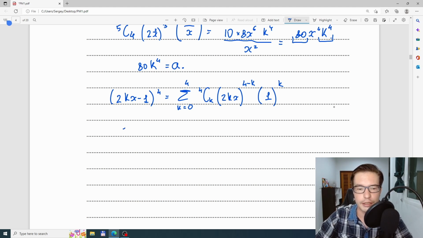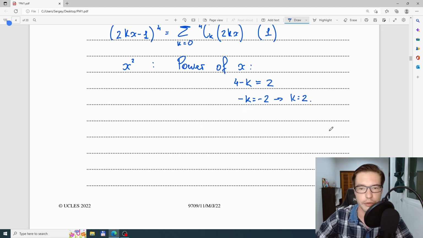And again, this time I'm looking for the power of x. This time is a bit easier because we only have one x in the formula with the sigma notation, and that power is 4 minus k. And that must be equal to 2. So minus k equals minus 2, therefore k equals 2.